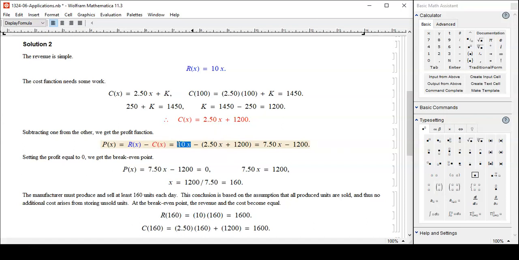In other words, 10x subtracted by this. I call it backward. This is red and this should be blue. And that's this expression, 750x minus 1200. That should be equal to 0.